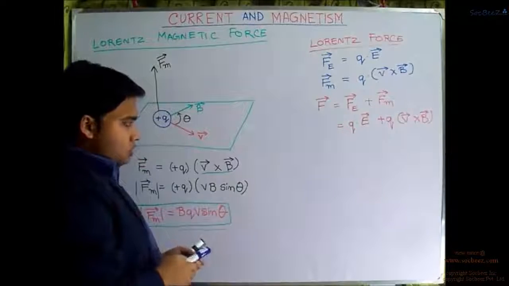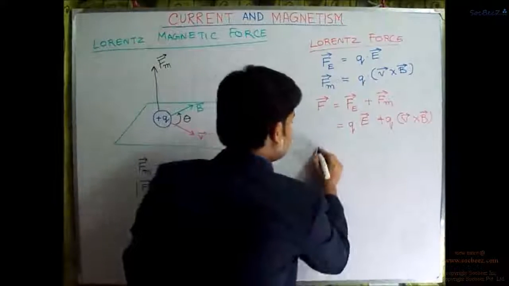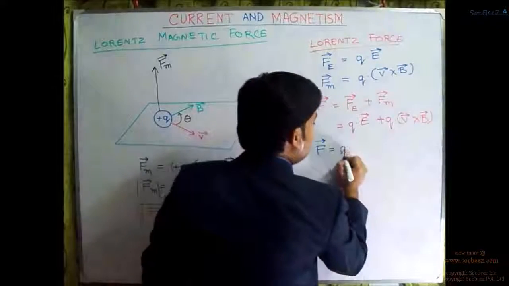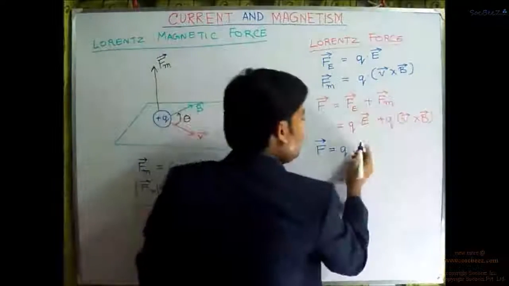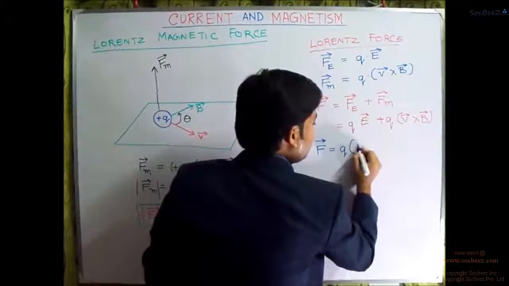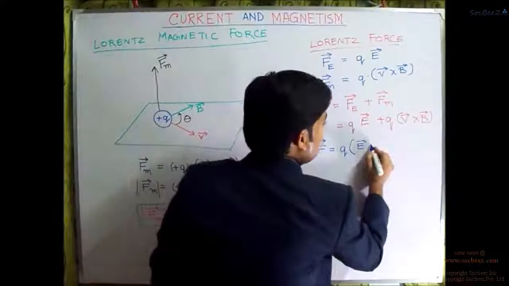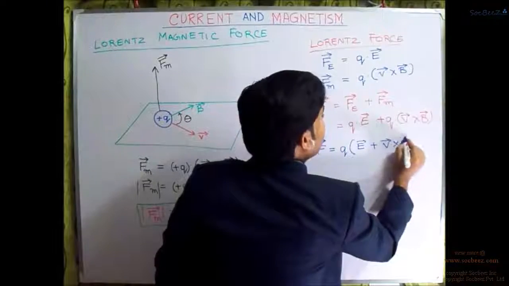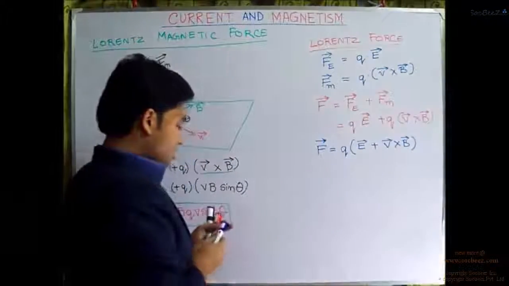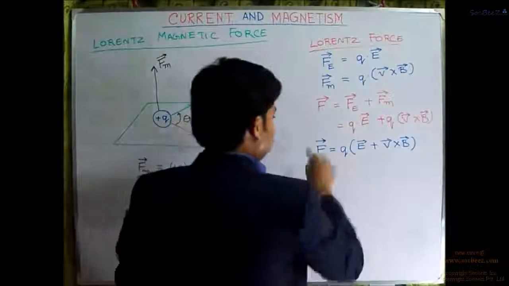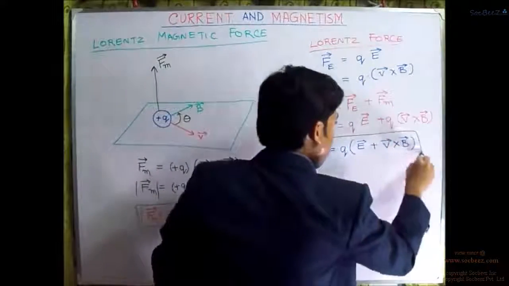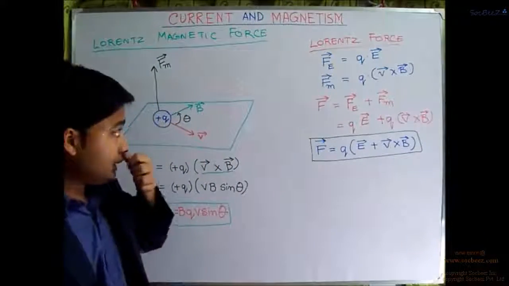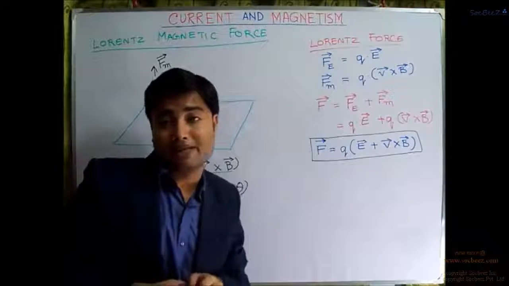Or in other words, we could write that F is equal to q, taken as common from both expressions, times E plus v cross B. So this is the expression for the Lorentz force, wherein both the electric field and the magnetic field are present.